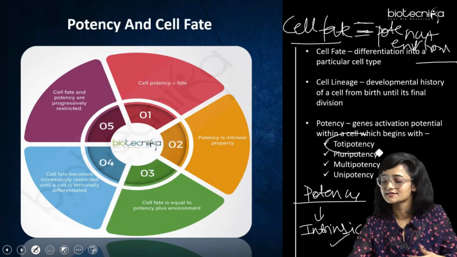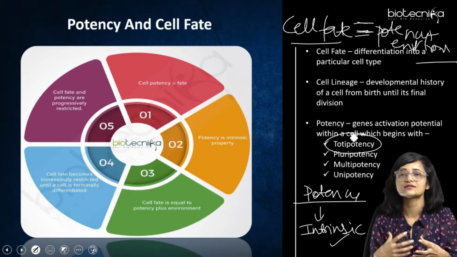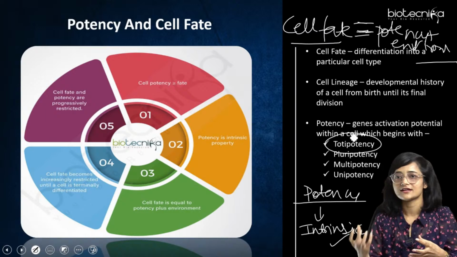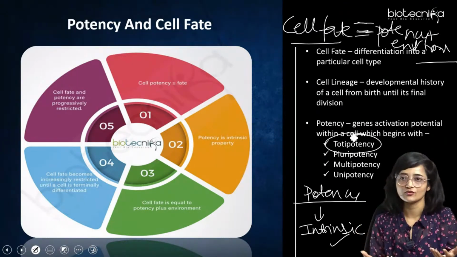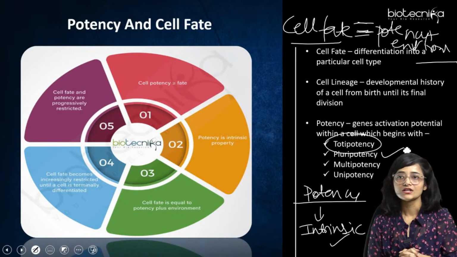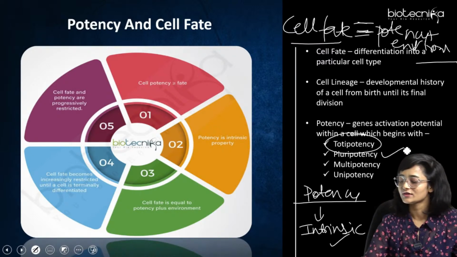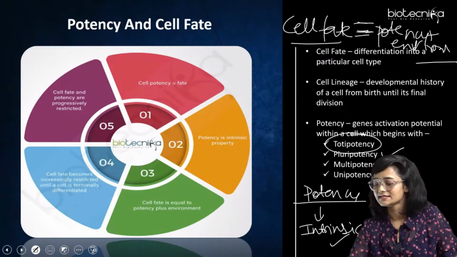So totipotent cells are those kinds of cells. So potency tells what is the potential of a particular cell to get converted into which type of cell, right?